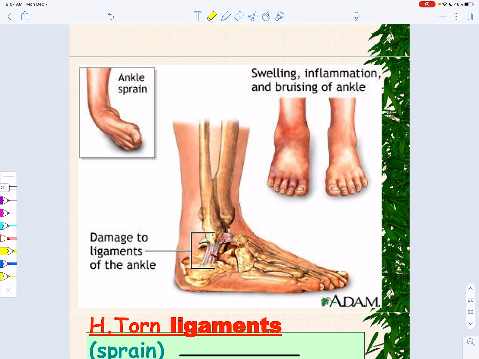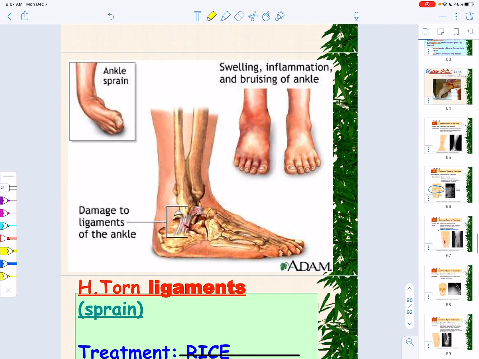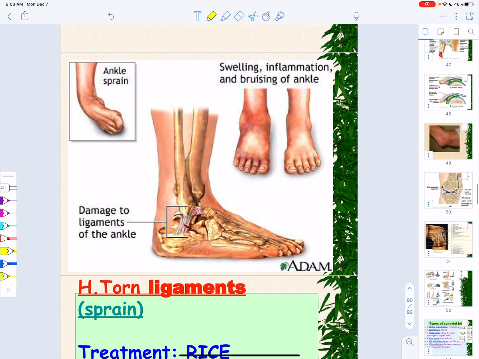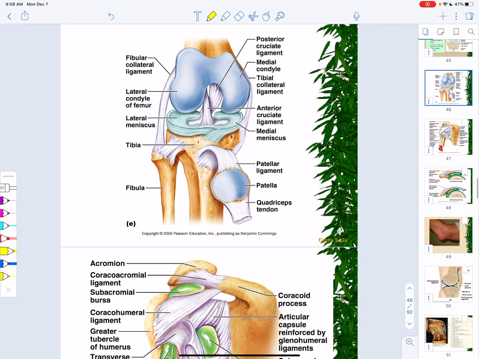You do have ligaments in your knee. There are some common ligament injuries, which way back up here, we should have taken a look at the knee. All right. So here in the white, we see lots of ligaments. Here is your ACL, which some of you that play sports or run know about.